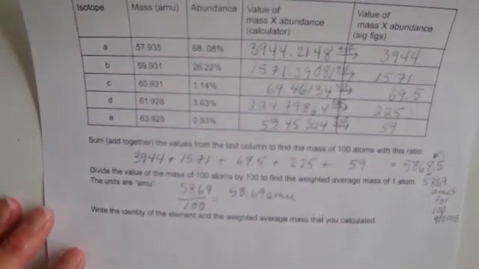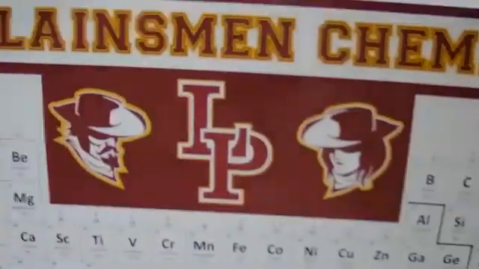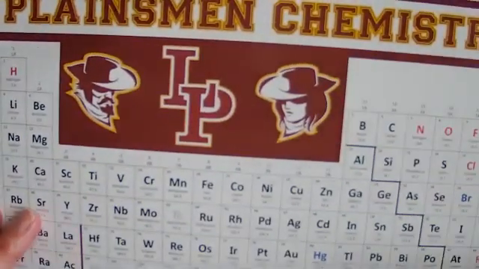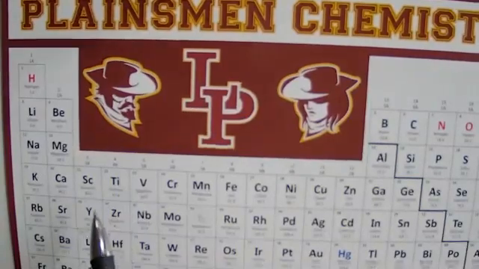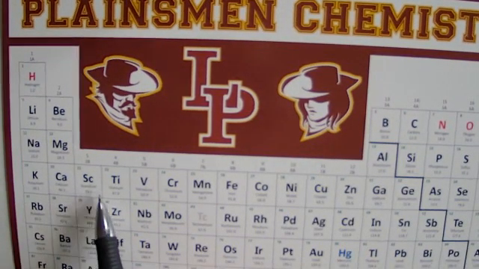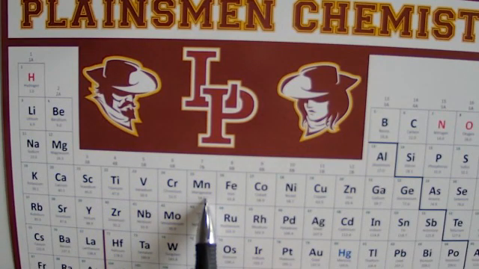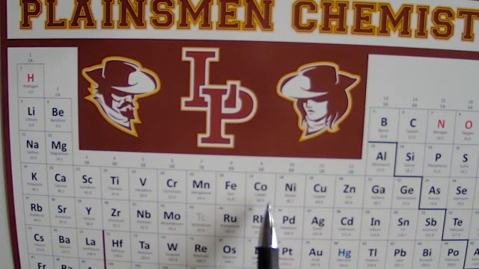So now to identify the element, of course, we look at our periodic table, and we're looking for a value that is in the 58.69 range. So here I'm coming across 50.9, 52.0, 54.9, 55.8, 58.9, 58.7.